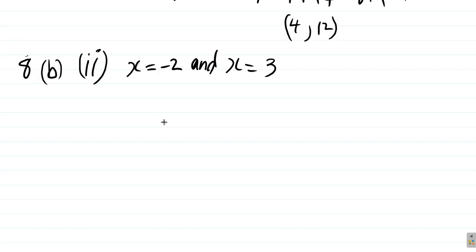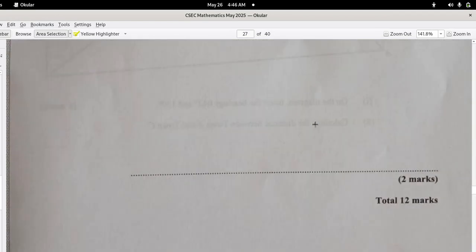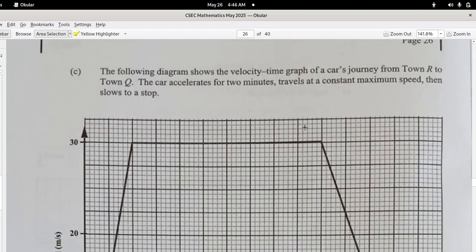Yeah, -2 and 3, good. So a different thing now they're asking you about. The following diagram shows the velocity time graph of a car's journey from town R to town Q.